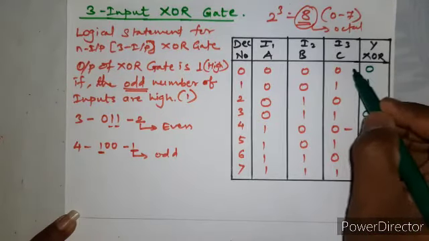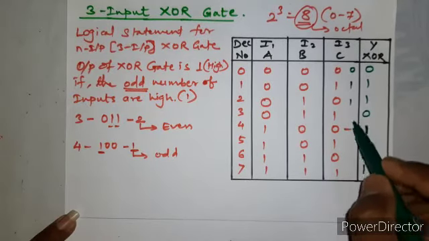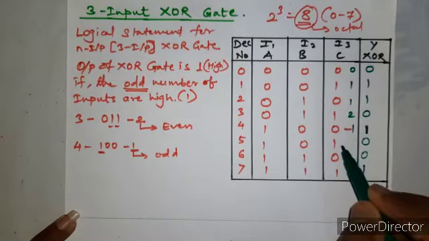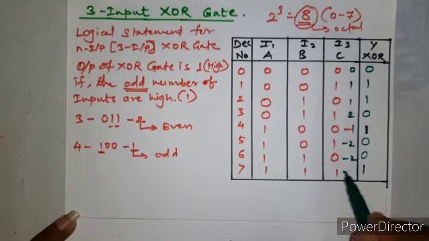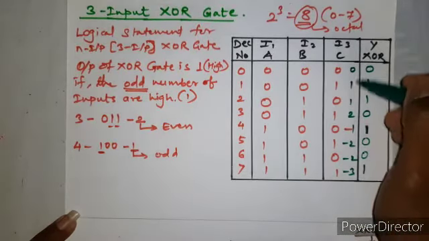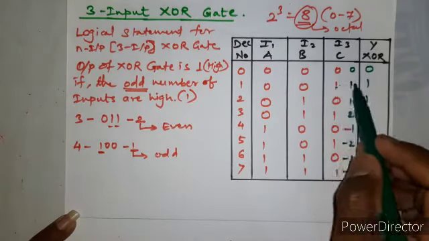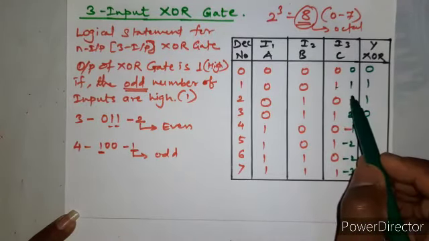Here I can write down the number of inputs that are high: this is 0, this is 1, 1, 2, this is 1, this is 2, this is 2, and this is 3. So here I have written how many inputs are high, right?